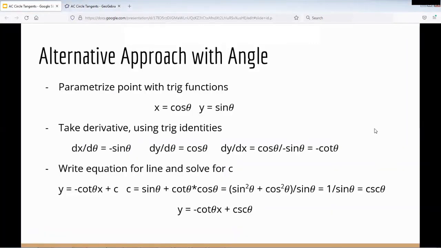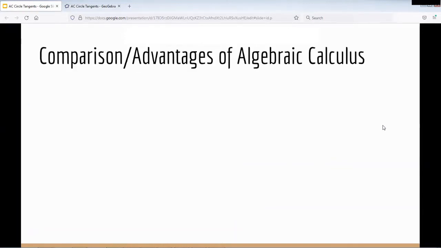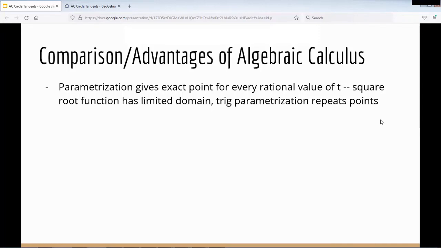Okay, so to sum up, let's compare these. I think there's an advantage of the algebraic approach in the sense that it gives one point and one tangent line exactly for every rational number t.